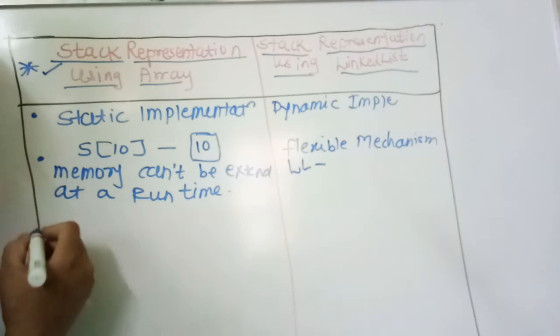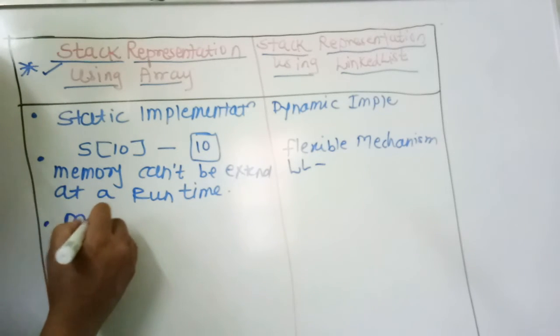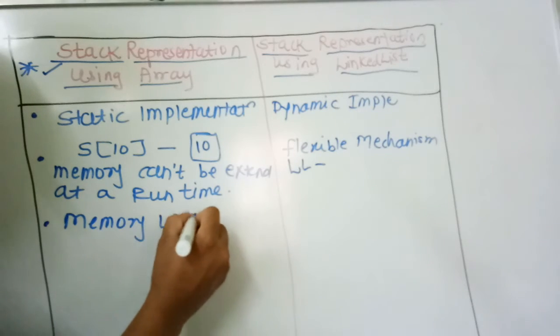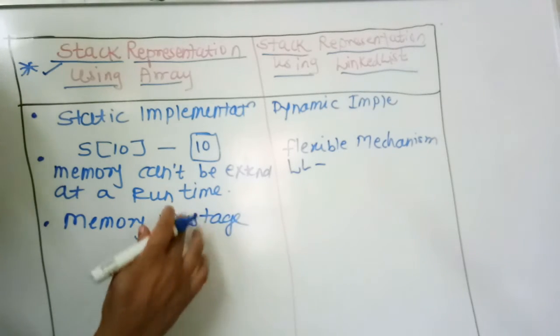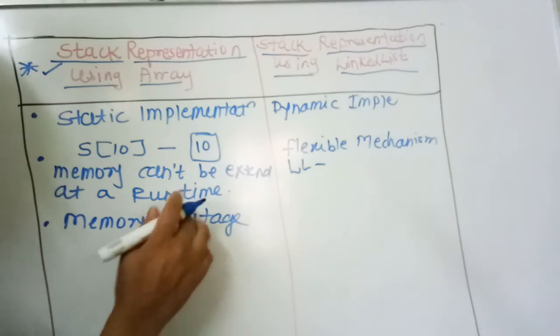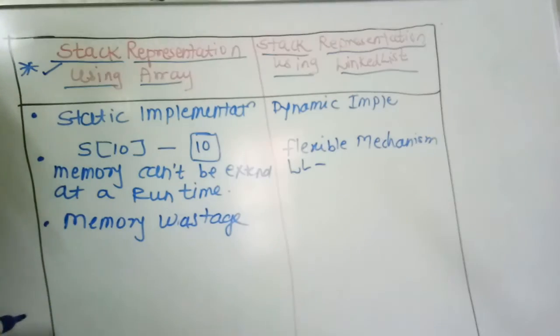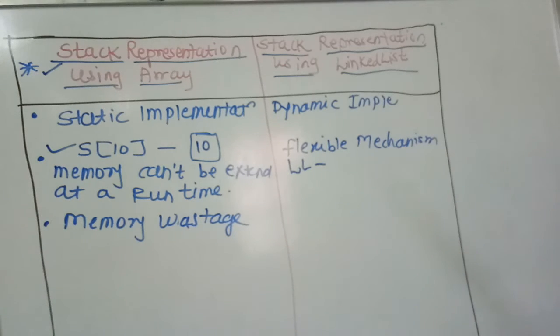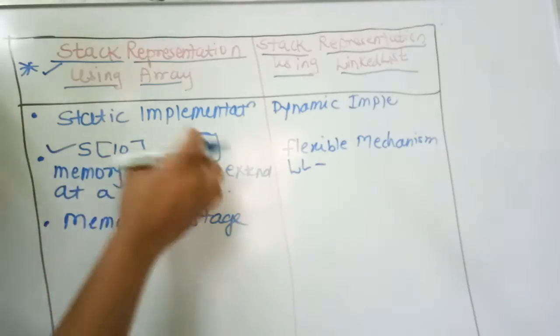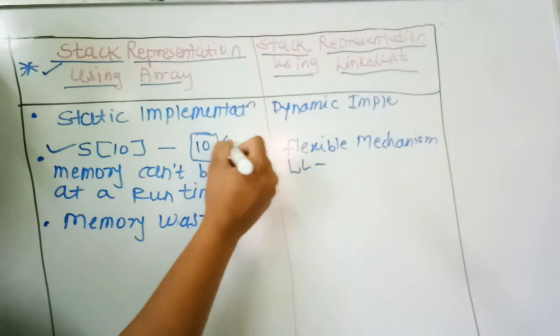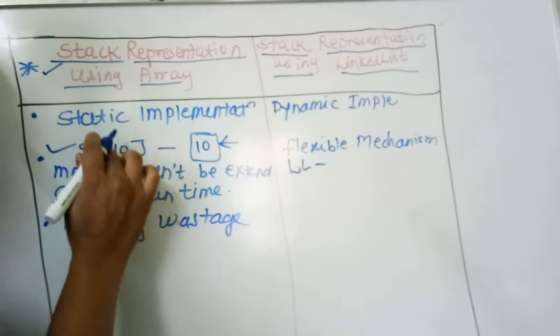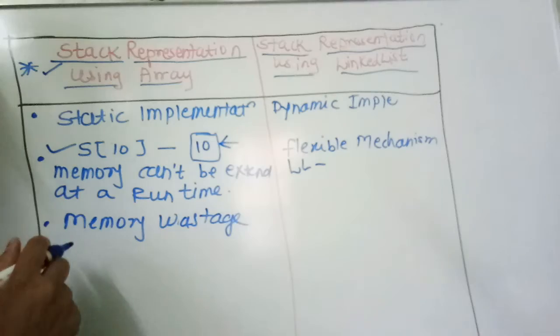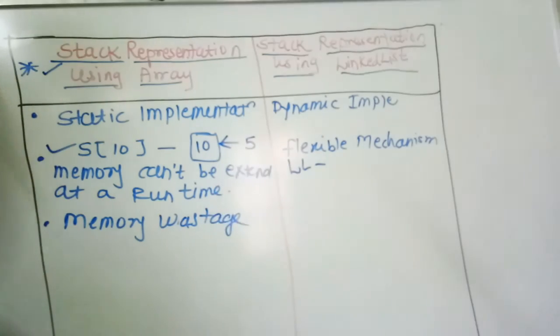The third point is memory wastage, which is the big problem with the static implementation. In this example you are seeing a stack of fixed size, S of size 10. It can store 10 elements, but suppose the data has less capacity, only 5 elements to store.